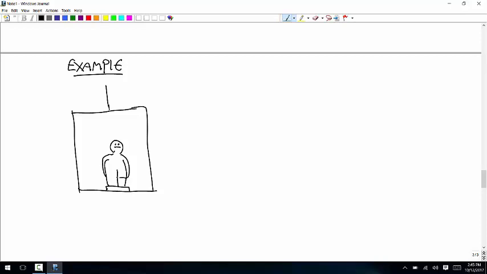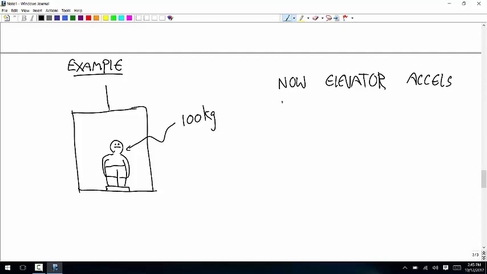He always looks different and he always looks funny. Okay, so now the elevator accelerates up. Let's say this is at 2 meters per second squared.